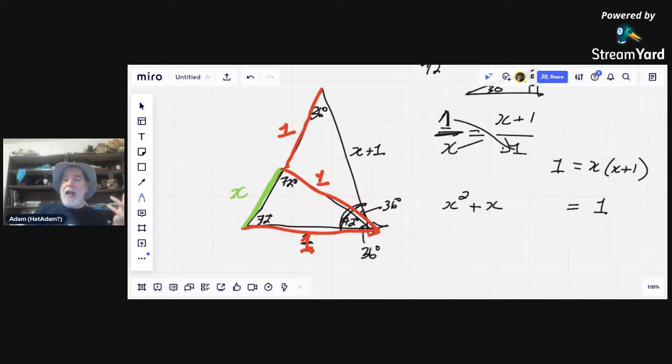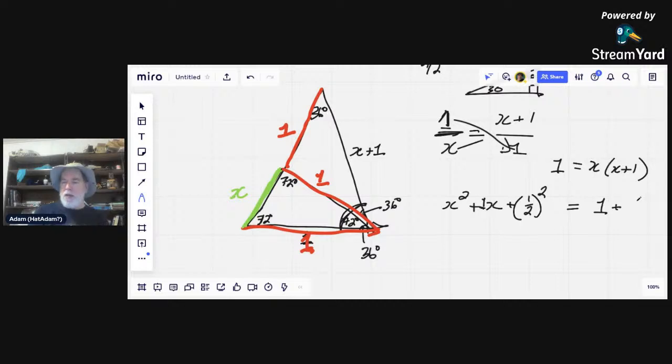Okay, and we'll do a completing of the square here. So we've got this middle coefficient, which is 1, so we need to take a half of that, which is a half, and square it. And so that completes the square on this side.